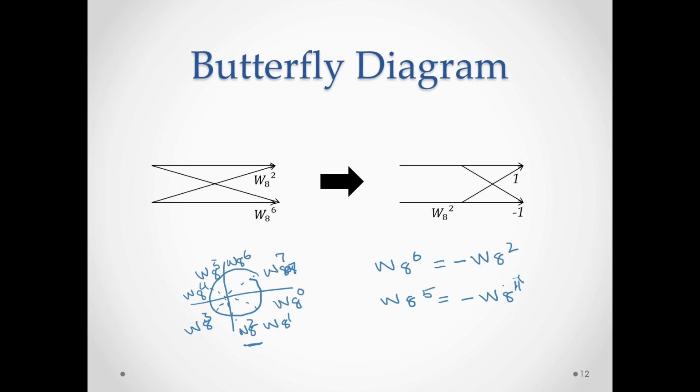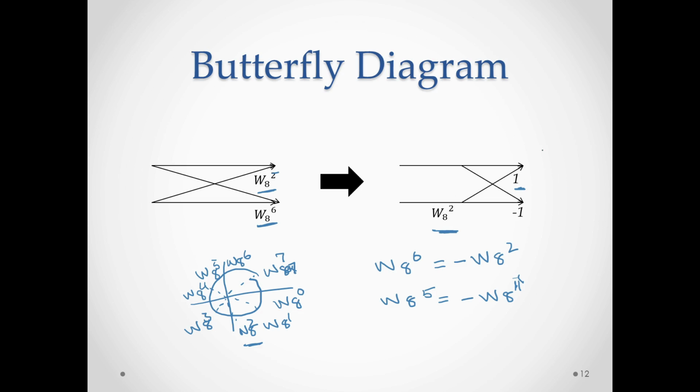So what we can do over here is that for this term, our term W82 and W86, if we move the W82 term back, our above function would be multiplied with 1.